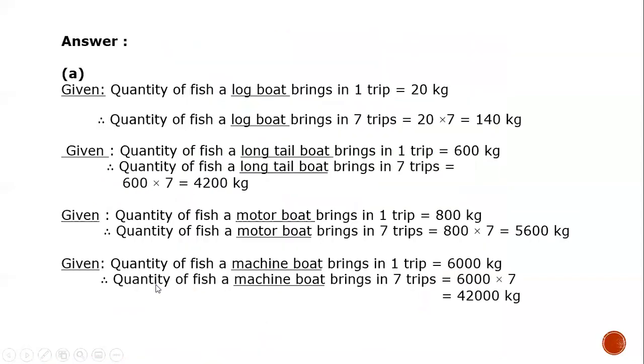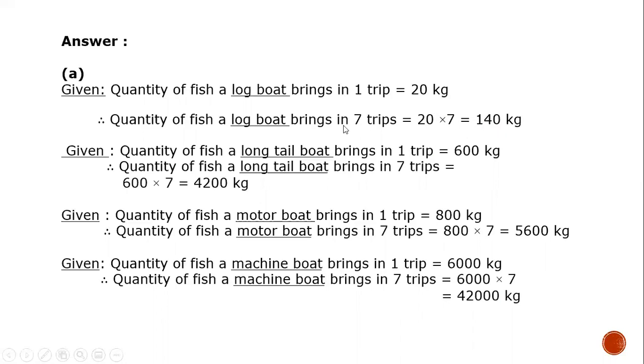Let us see. Quantity of fish a log boat brings in the first trip is 20 kg. So the same log boat will bring 140 kg. Why 140 kg? If one trip is 20 kg, then 7 trips means 7 times 20, which gives 140 kg.